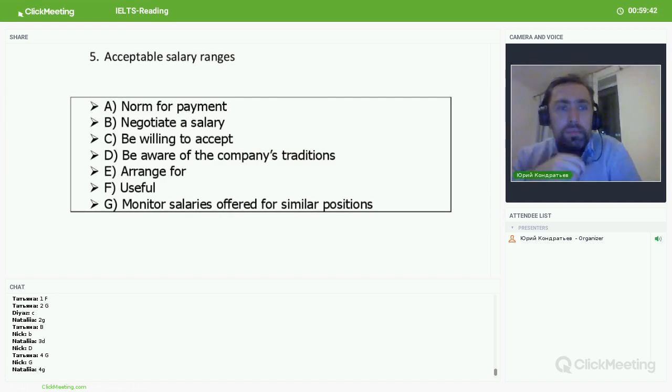Acceptable salary ranges. Number 5A, norm for payment. Okay. To negotiate.